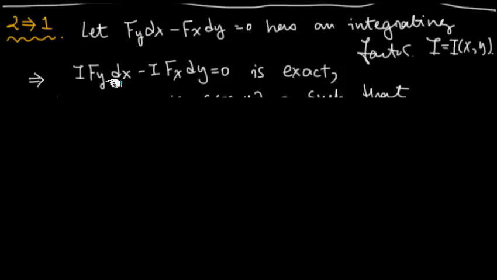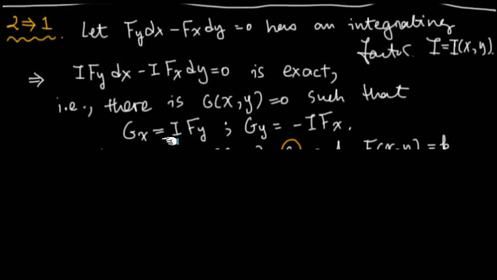That means this coefficient becomes a partial in x of some function, and this becomes a partial in y of the same function. There exists this function g of x, y such that this part and that part are realized as the partials in x and y.